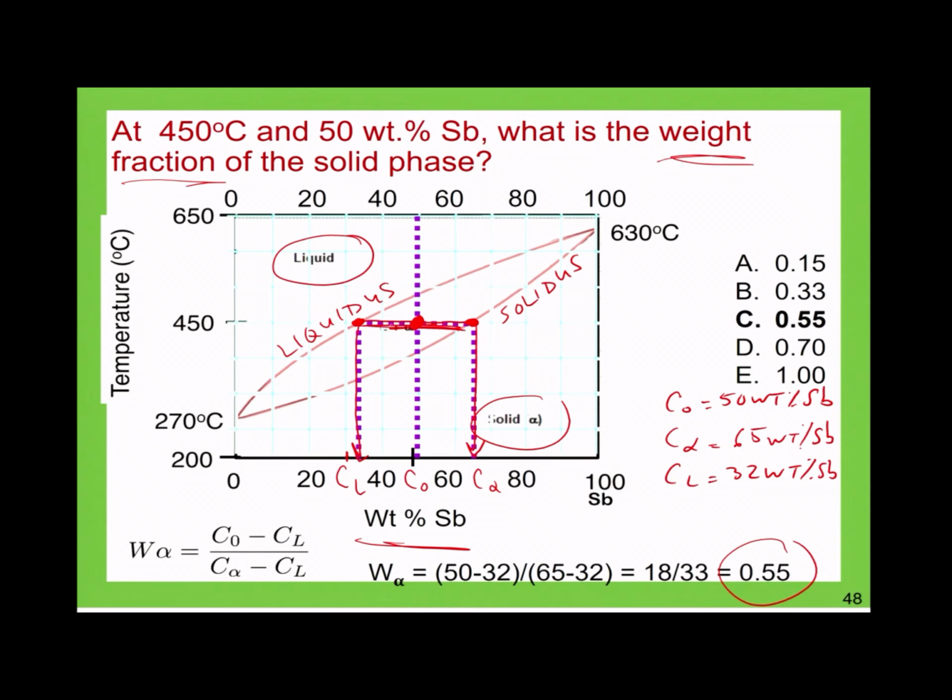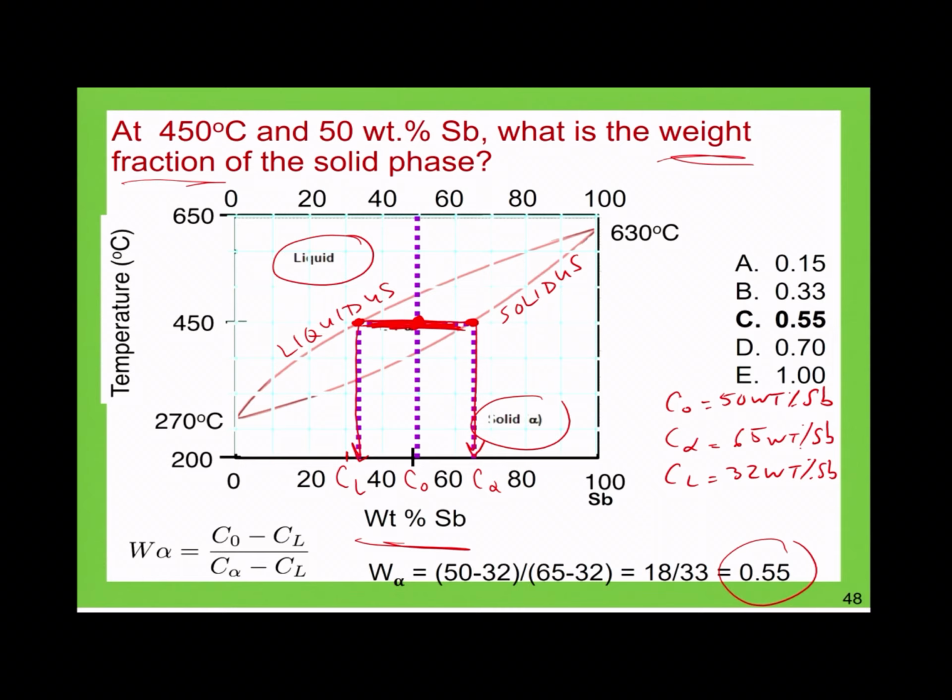Look at this line right here. Where is your C naught in that line? It looks like about half. If you just had to eyeball it, about half of the line is on your left and half of the line is on your right. So if it were multiple choice, you can rule out most of the options without doing the calculation itself.